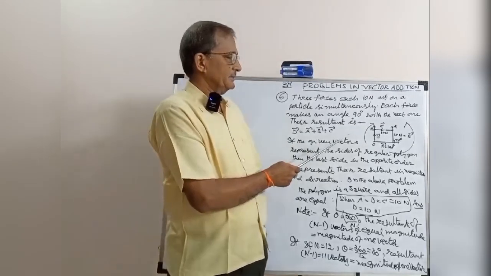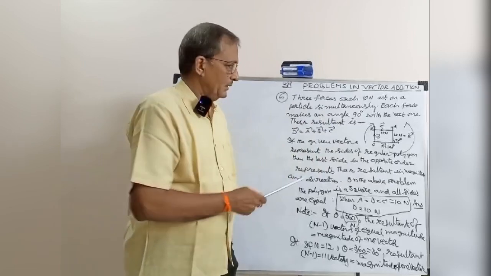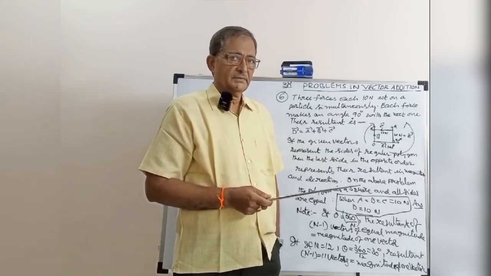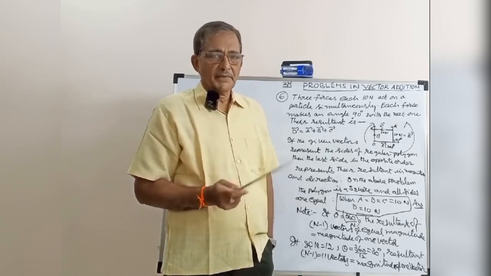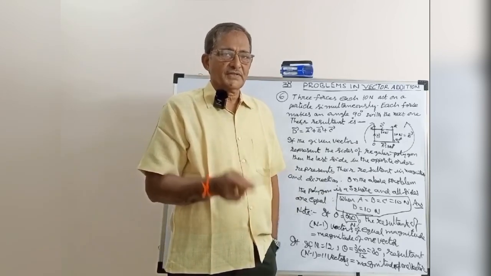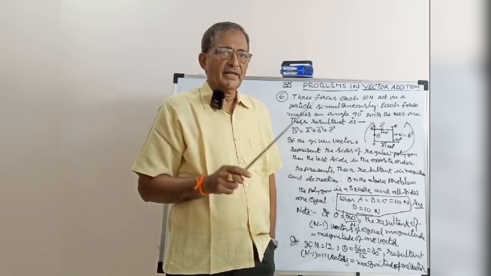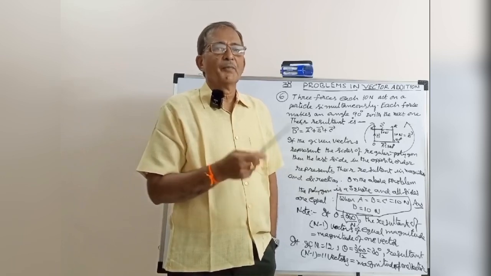And moreover, polygon law of addition. As you know, for the addition of two vectors, we have to use a triangle of addition because two sides of the triangle represent two vectors in one order and their resultant is represented by the third side in the opposite order.